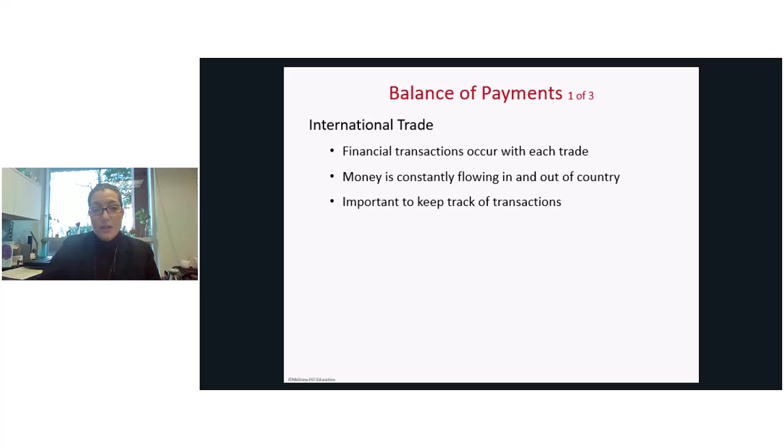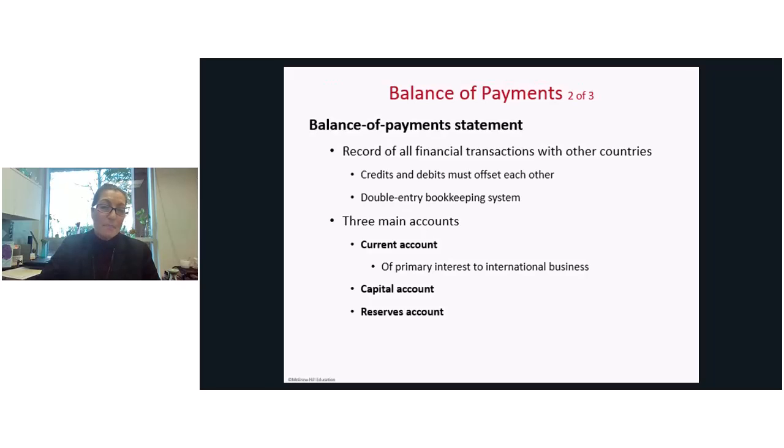So in terms of international trade, financial transactions occurred within each trade, with money constantly flowing in and out of the country, and it was important to keep track of these transactions. We do that through the balance of payments statement, recording all financial transactions with other countries. Credits and debits must offset, and we use a double entry bookkeeping system.